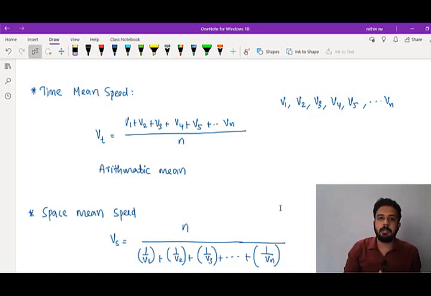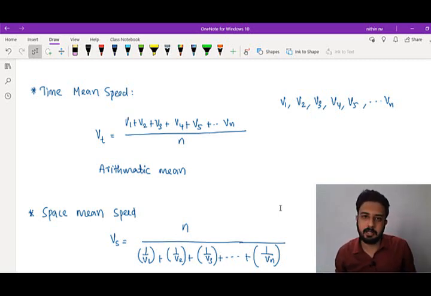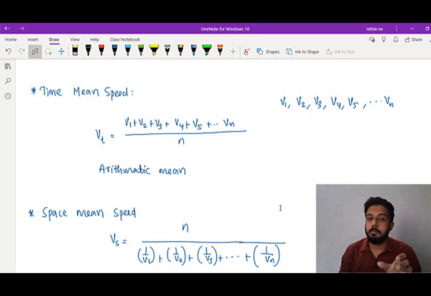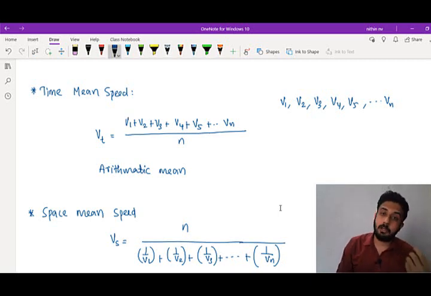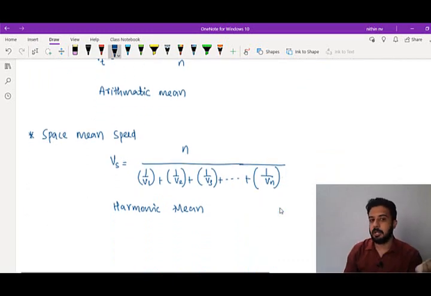Now space mean speed means you consider n vehicles not at a particular time, but over some duration on a particular stretch of road, maybe 1 kilometer like that. If you select different vehicles, calculate the spot speed of those vehicles and calculate the average, but in that case, instead of the arithmetic mean you have to calculate the harmonic mean. We call it space mean speed.